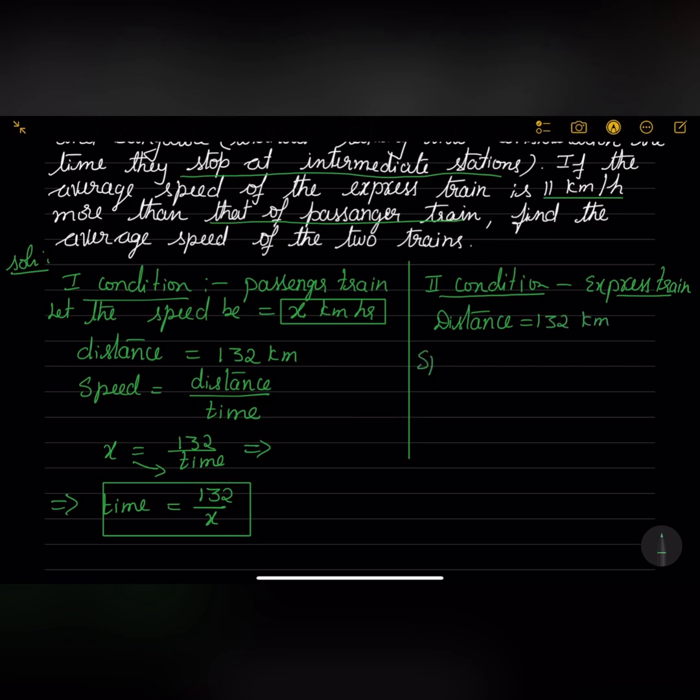Then speed is how much? 11 kilometers per hour more than passenger train. This is what they have given. So speed will be equal to x plus 11. This x is the speed of the passenger train. So express train is 11 kilometers per hour more. So its speed is x plus 11 kilometers per hour.